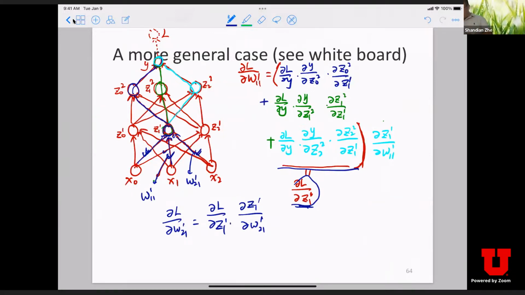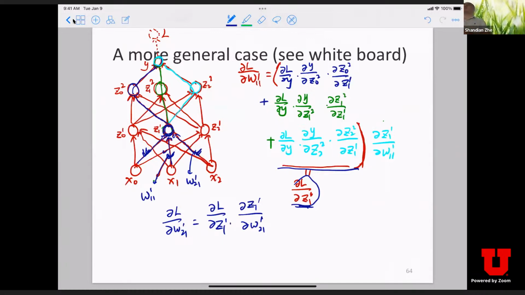However, if you just compute it once, you catch it, you know that it is actually partial L over partial Z11, which is the target node the edge points to. You only need to compute once. For the remaining, what you need to do is just compute partial Z11 with respect to all the weights on edges connected to Z11. So that will save a lot of computation.